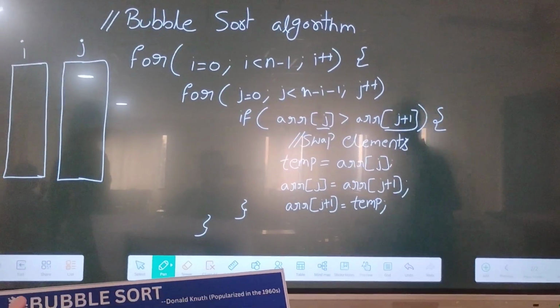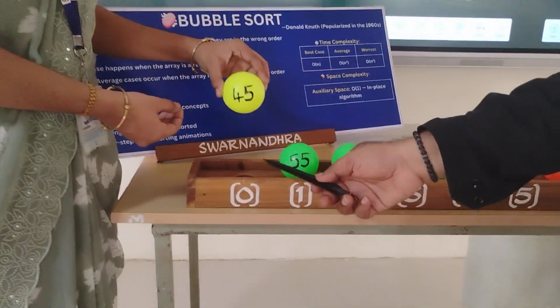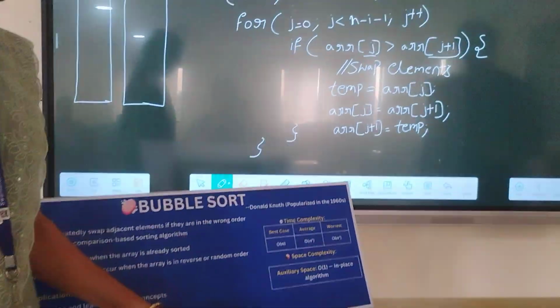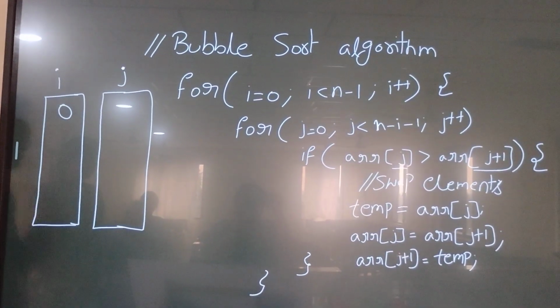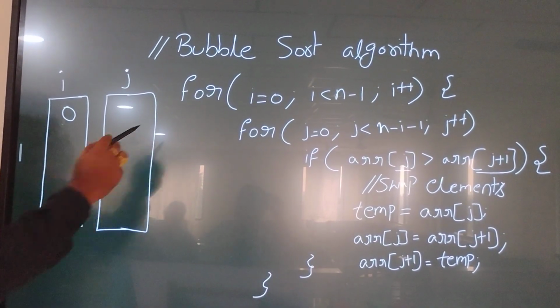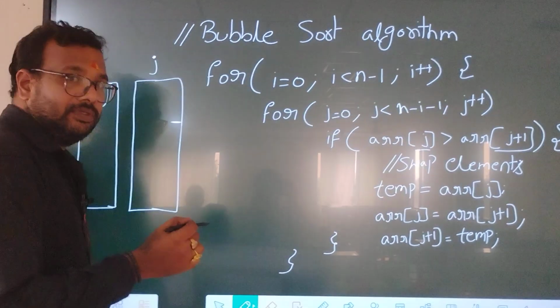Now, initially i is 0. Is 0 less than n minus 1? What is the size of n?